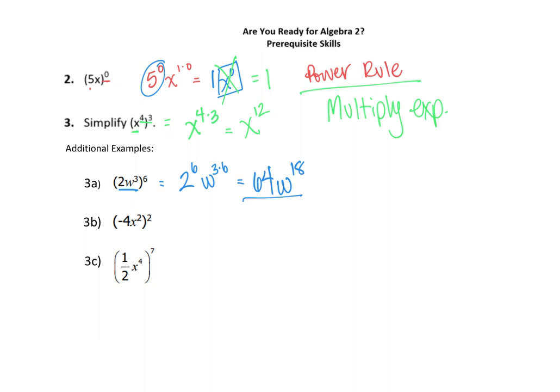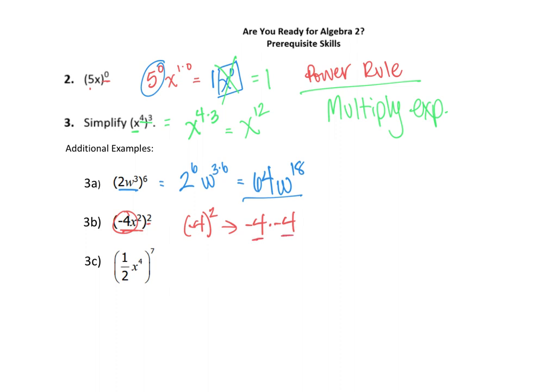3b. Okay, we have negative 4x squared, all inside the parentheses. All of this is being squared. It's all being multiplied by its own self. We talked about this a lot in the past. When you have a negative number inside parentheses and then it's being squared, what that means is that we have negative 4 times negative 4.